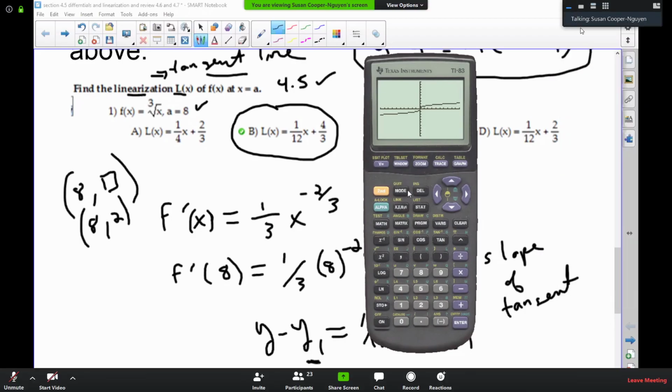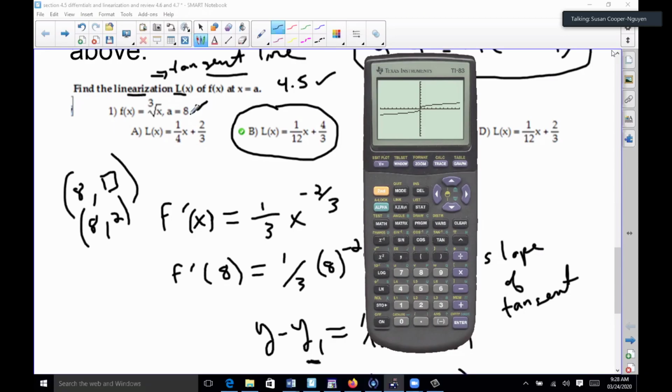Okay. So then I was like, all right, let's go near 8, not at 8, but near 8, right? So I say, okay, trace, just go to like 7.9. Okay, there, and then zoom in near 8. Zoom in, boom, boom.